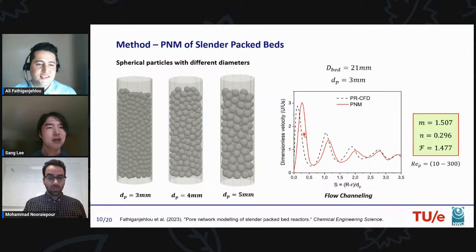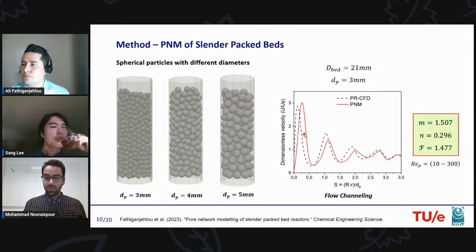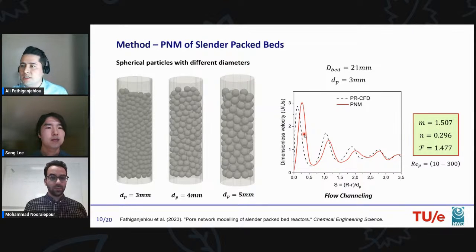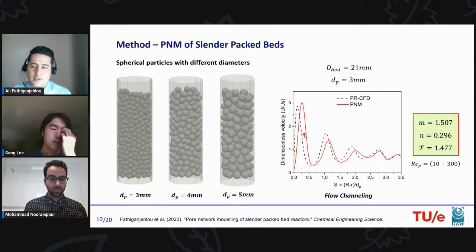Yeah, that's true. The reason we have wall channeling, also called flow channeling close to the column wall, is that we have a higher porosity there, and the pore shape is also different from what we see in the center of the column. The packed beds that we are investigating here are slender packed beds.